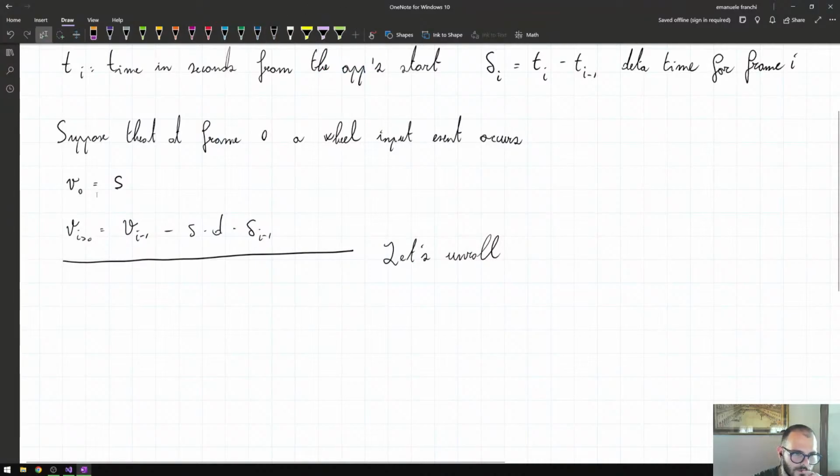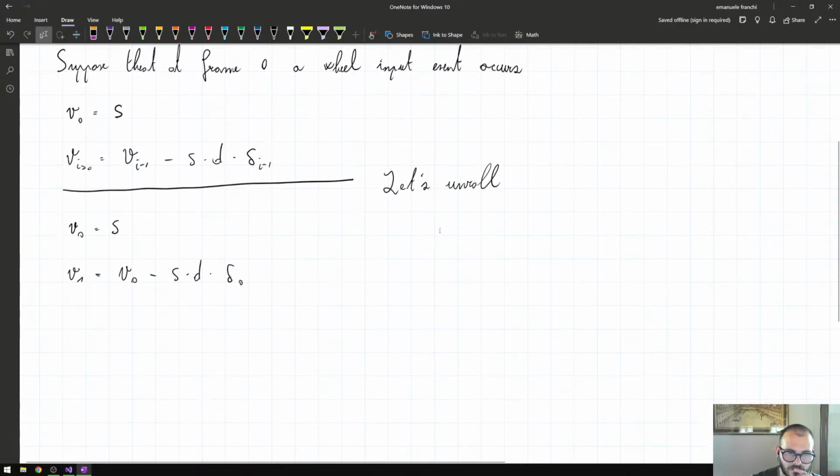First, we start from V0, we say it's S. V1 is V0 minus S times the damping factor times delta 0, which is V0 minus S times D times 0, which is V0.